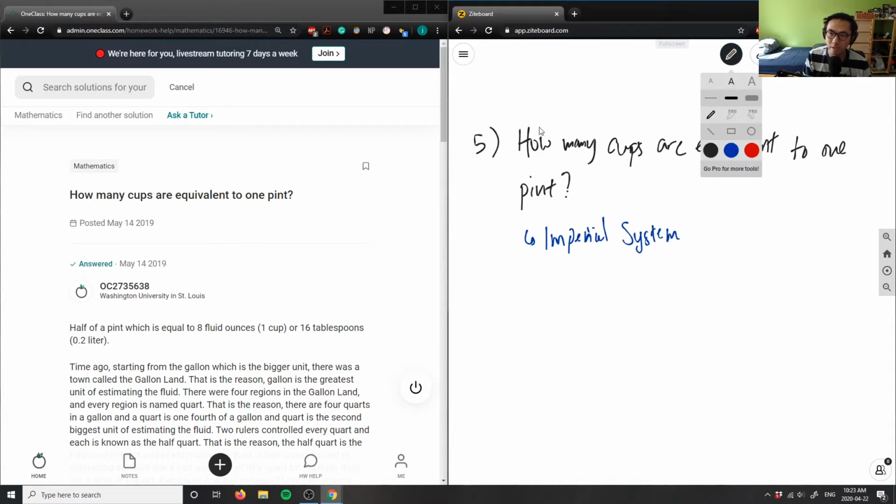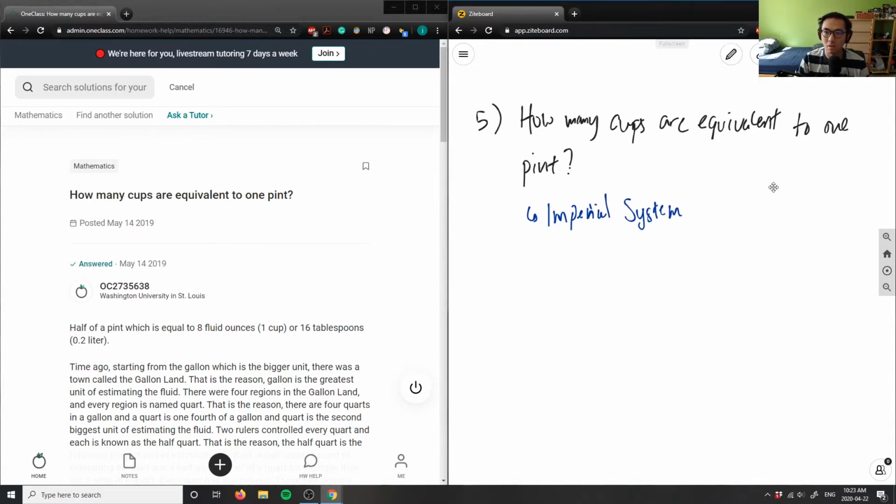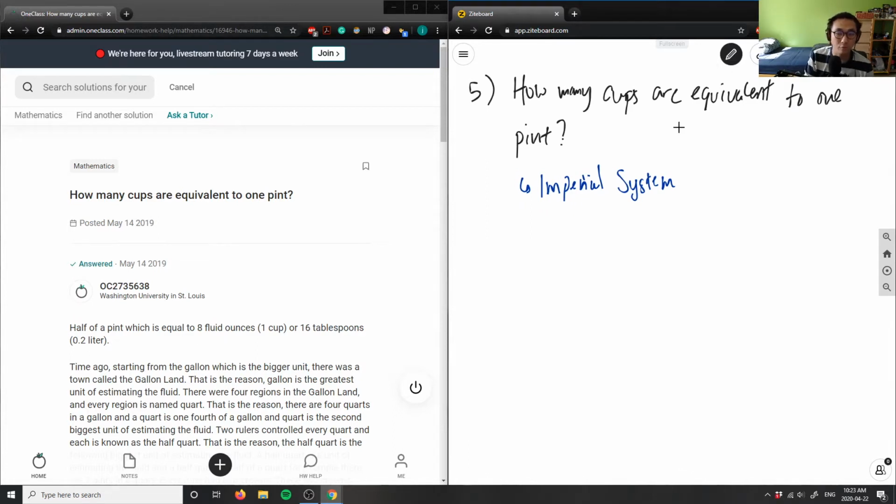And what we can do is draw out a schematic, right? Remember our scales here for the imperial system. We have 1 cup equals 8 fluid ounces.